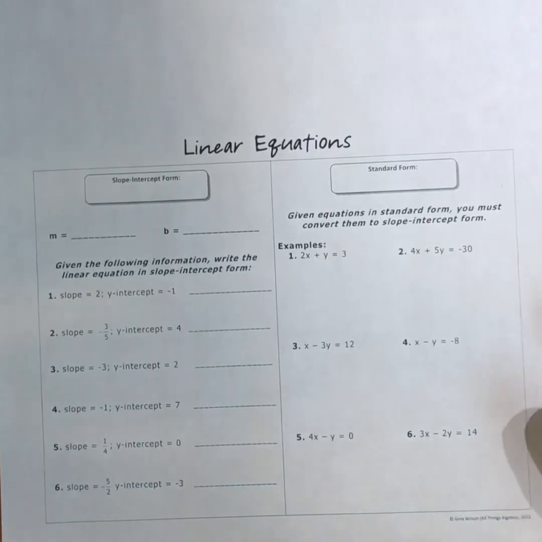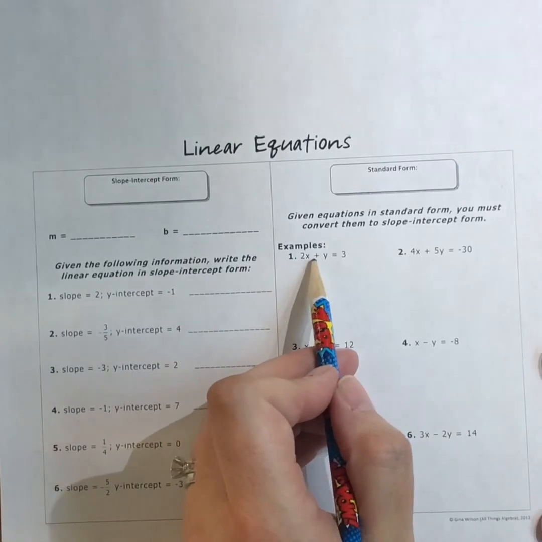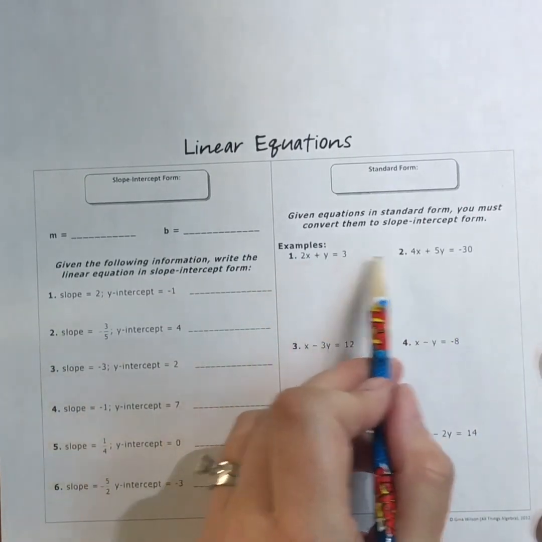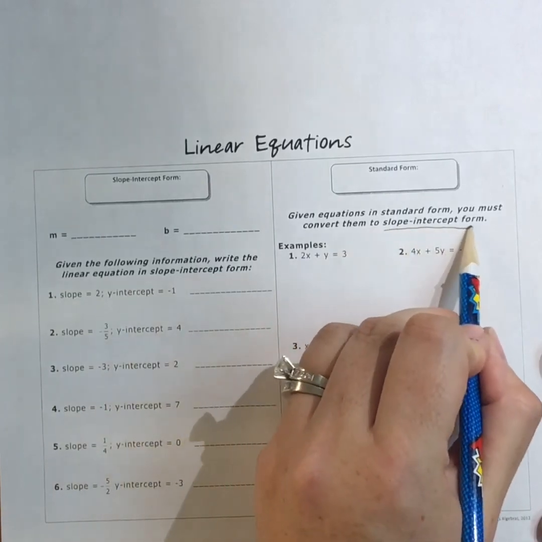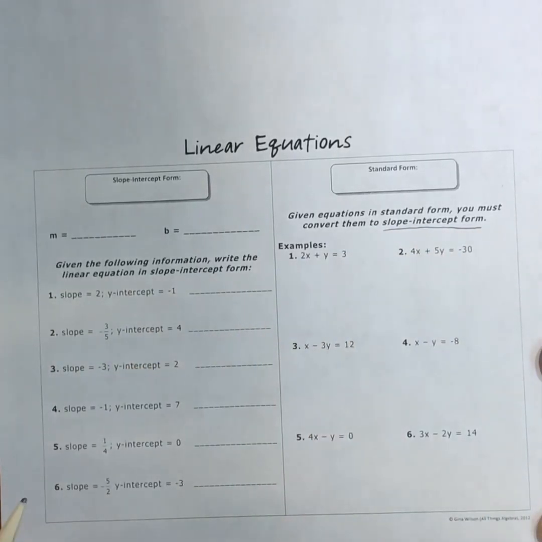So this part, we're reviewing a big lesson we had back in quarter 1 when we were solving multivariable equations. For example, here we have 2 variables in every equation, and in order to convert them to slope-intercept form, first you have to understand what that is.